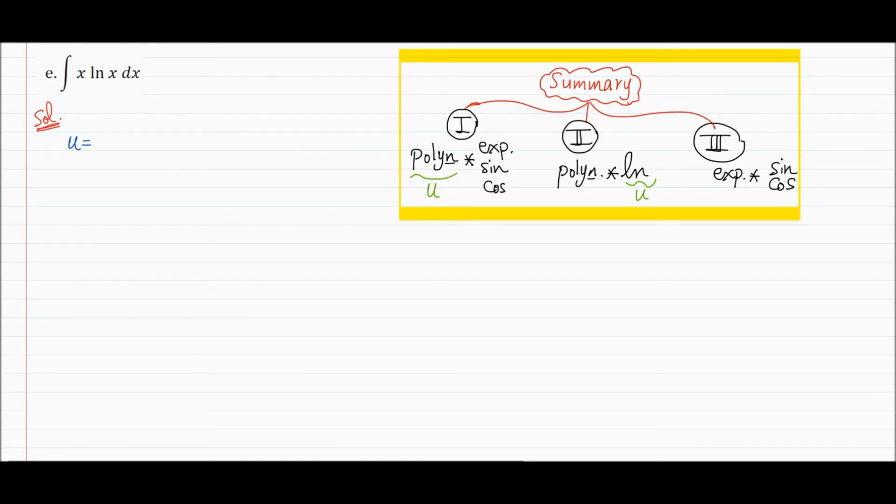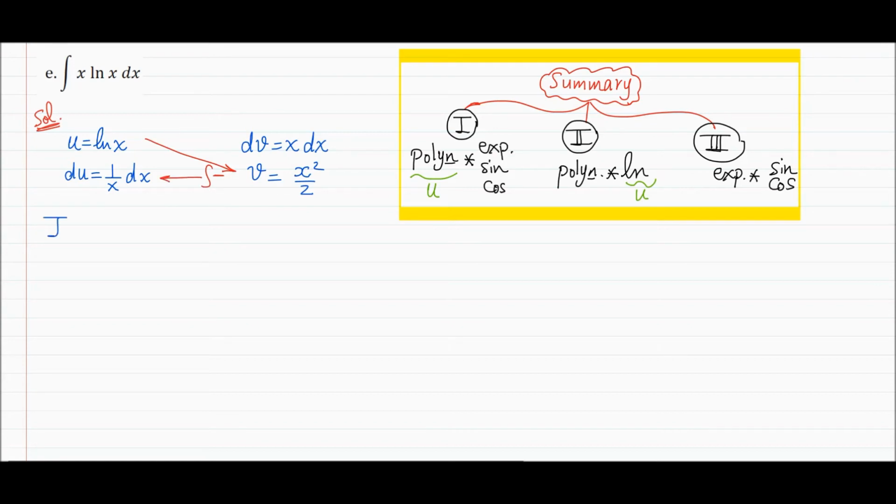So u equals ln x and dv will be x multiplied by dx. The derivative of ln x will be 1 over x dx, and the integration of x will be x squared over 2, and now I have to make my ladder, which was multiplication of this by this minus the integration of multiplication of this by this.